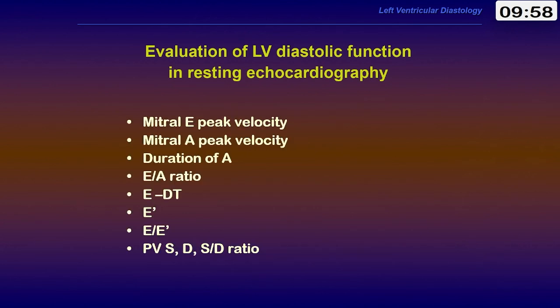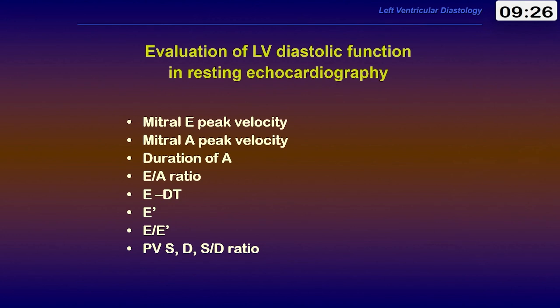When you evaluate the diastolic function by routine echo, you can assess the mitral E peak velocity, the mitral A peak velocity if your patient is in normal sinus rhythm, the duration of the A wave, the E over A ratio, the E wave deceleration time, and the E prime, the early tissue velocity, either at the medial side or the lateral side of the mitral annulus.